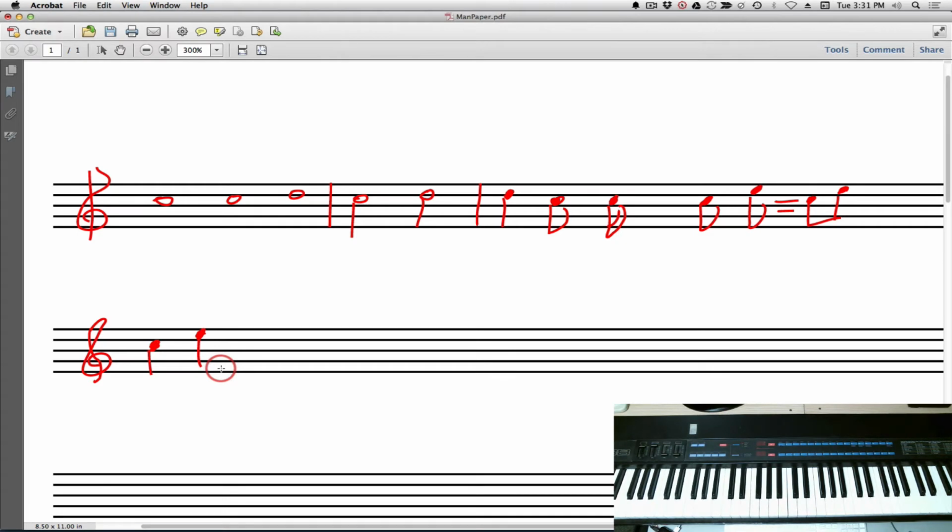So those are the quarter notes. And if they were half notes, then we would get 2 beats per note. 1, 2. Okay, so that's kind of how that works.